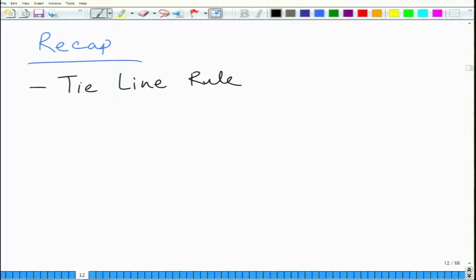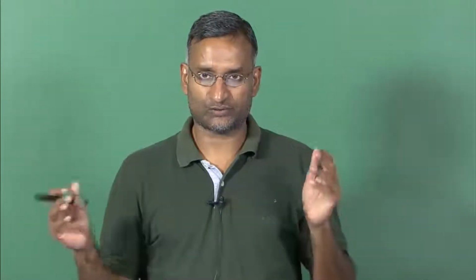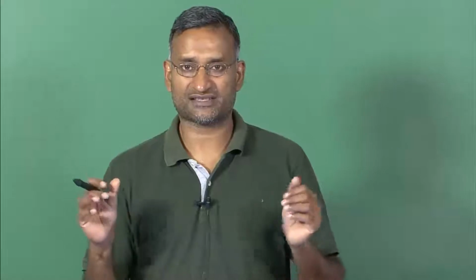This horizontal line intersects the two-phase boundaries on either side. So if you are in a two-phase region, let's say liquid plus solid, then the intersection of this horizontal line with the liquidus will give you the composition of the liquid phase, and the intersection of this line with the solidus will give you the composition of the solid phase in equilibrium with the liquid. So you will have two phases in equilibrium whose compositions can be known.